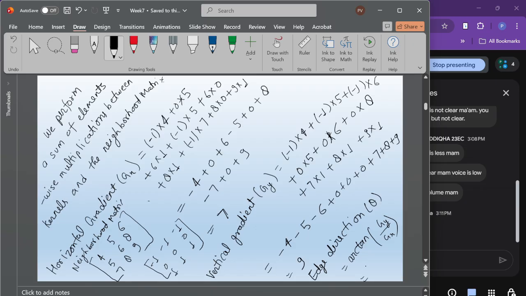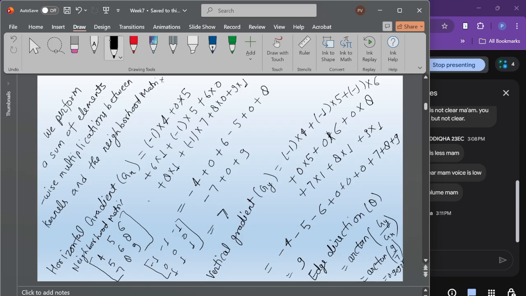So already we have calculated gy and gx. So now tan inverse of 9 by 7, right? Now if you just calculate it, you will get 0.9097 radian.